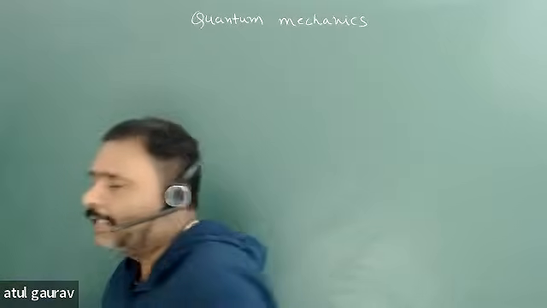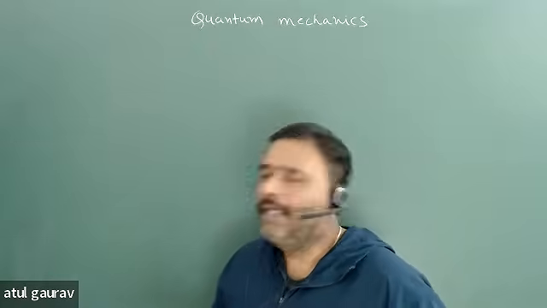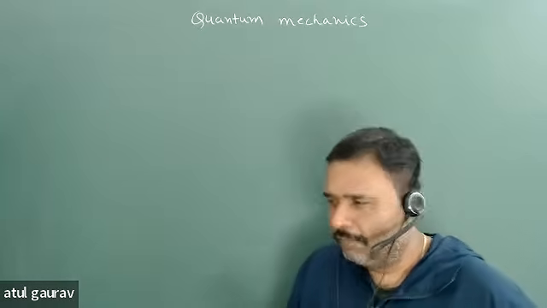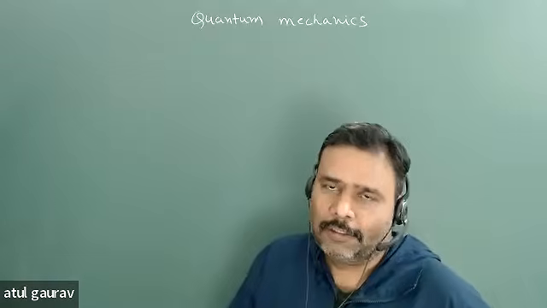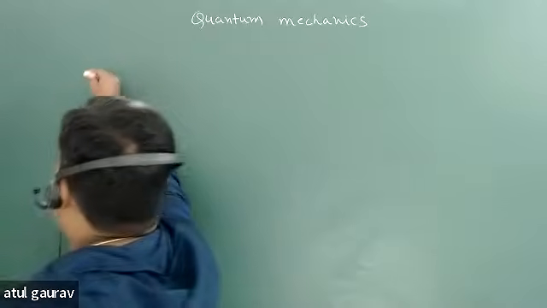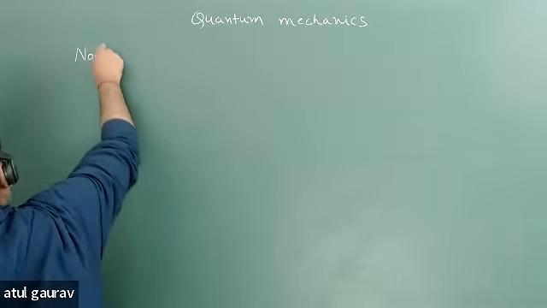In general, I started my class from the tools of quantum mechanics. But I feel, over the last 13 to 15 years, that we have to go more basic than tools. So I will start quantum mechanics with the notation of quantum mechanics.